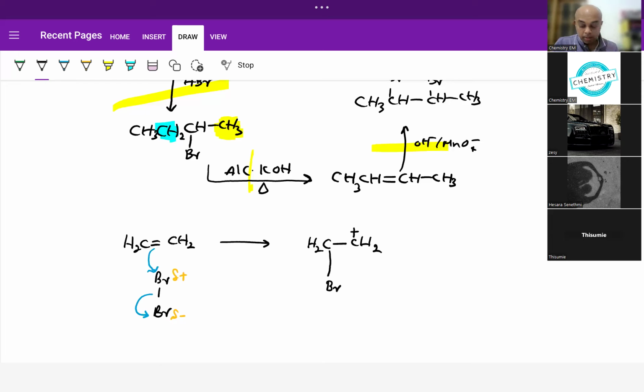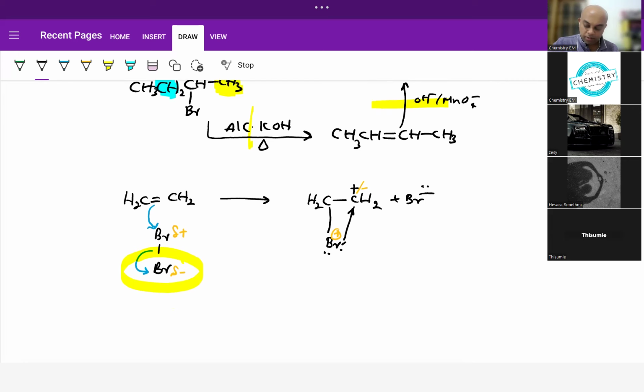Then there are lone pairs with this bromine atom. This one will donate a lone pair towards this carbon atom. So as a result of that, bromine will induce a positive charge. This carbon atom will induce a negative charge. And this bromine atom will be converted into Br minus.